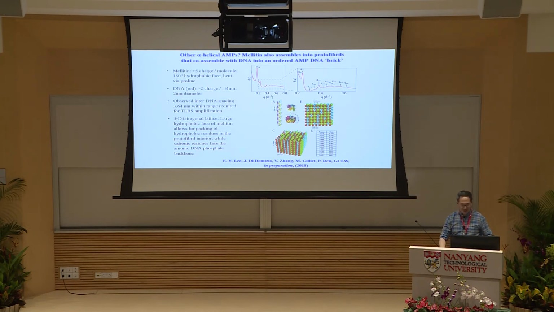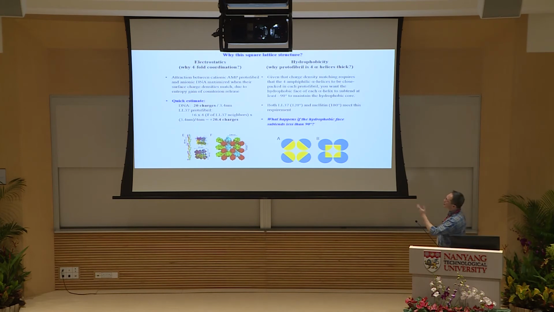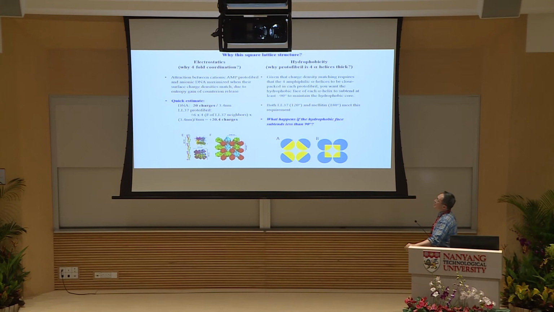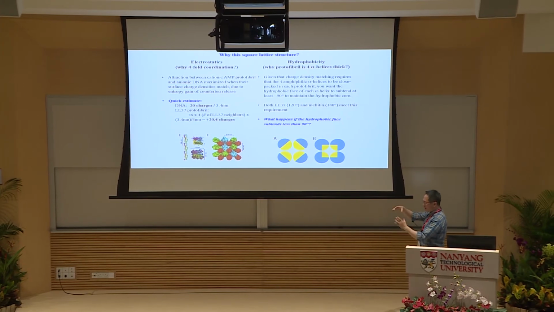Can we try to understand this? From electrostatics, you can imagine that if this is driven by the entropy gain of counterion release between the DNA and the oppositely charged cationic fibril made from these antimicrobial peptides, you would get the strongest interactions when these charge densities are equal and opposite.